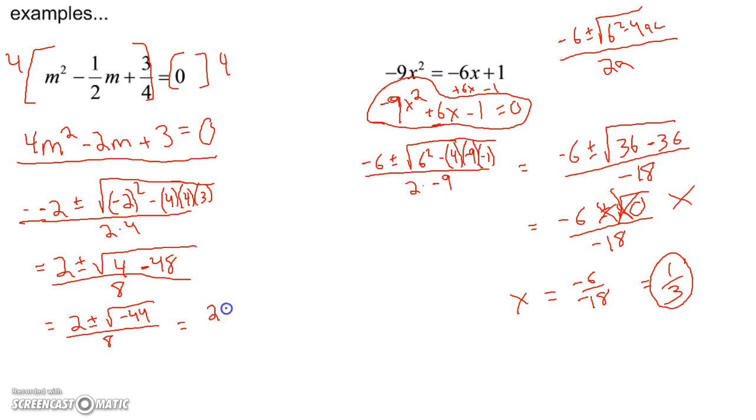This is the same thing as 2 plus or minus. Let's rearrange this square root of minus 44 using the stuff that we know. Let's think about for a second what the square root of minus 44 is.